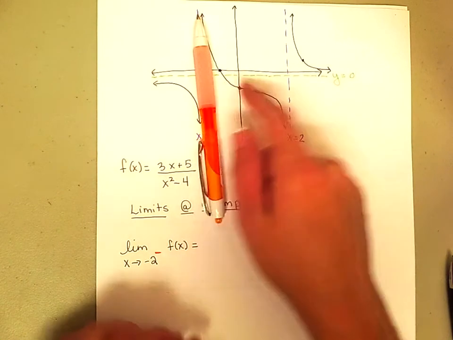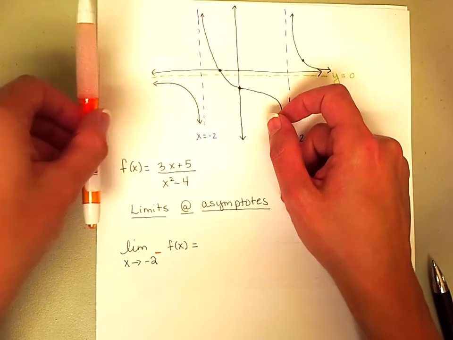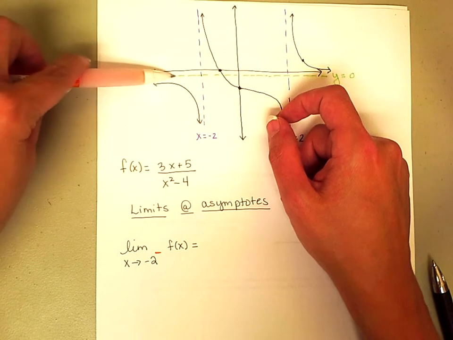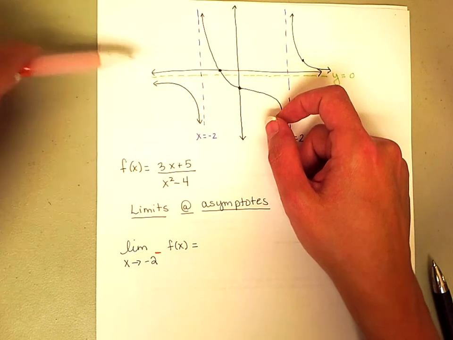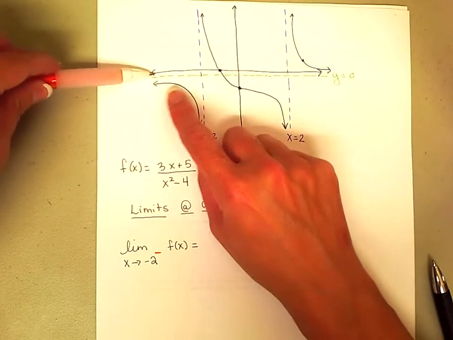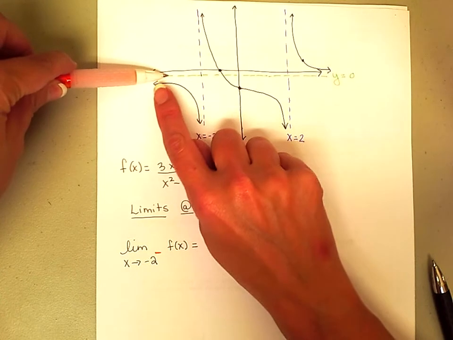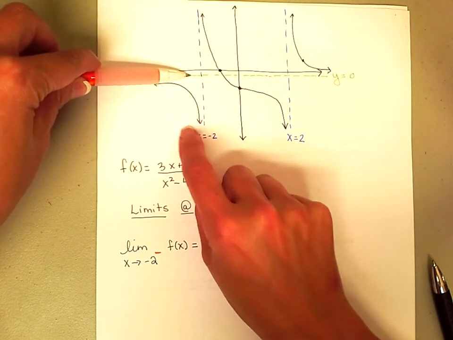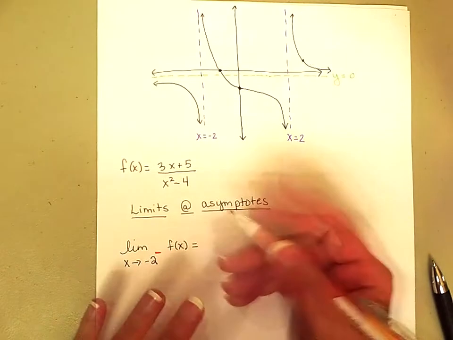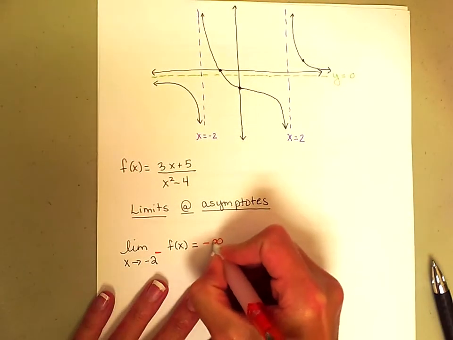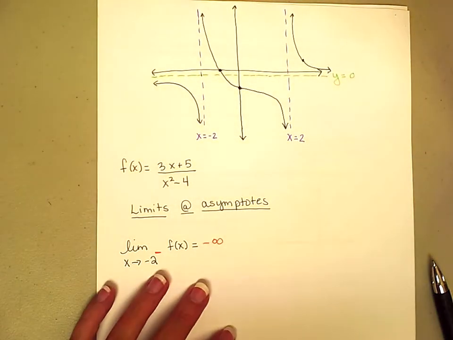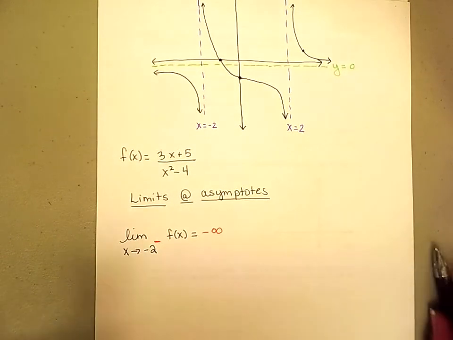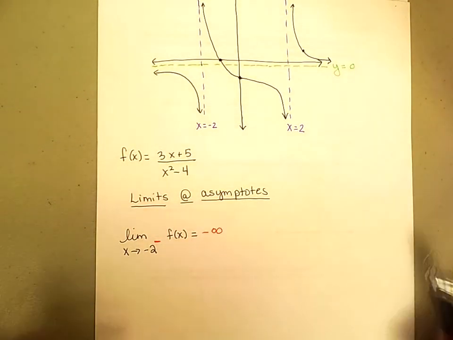It's our asymptote, and I want to see what happens as I start from the left and I approach. So I'm starting from the left, and as I approach from the left, the function is diving to negative infinity.